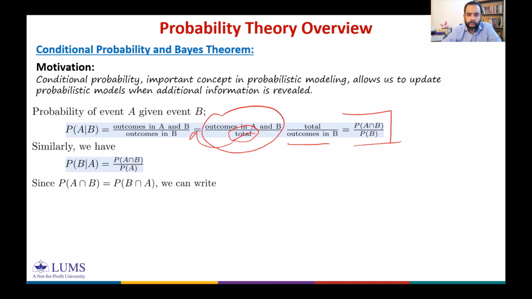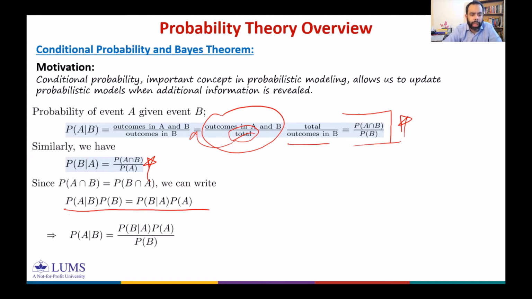Using these definitions, the probability of A intersection B is given by the probability of A given B times the probability of B, which is equal to the probability of B given A times the probability of A. And if I manipulate the terms, I get the probability of A given B is equal to the probability of B given A times the probability of A divided by the probability of B.